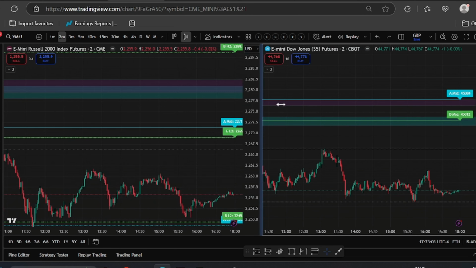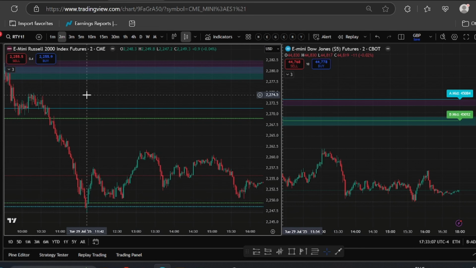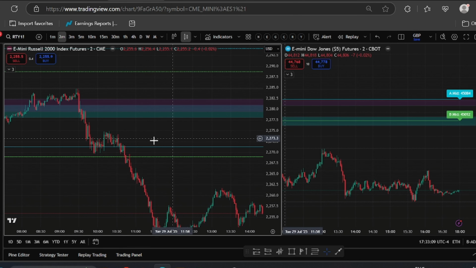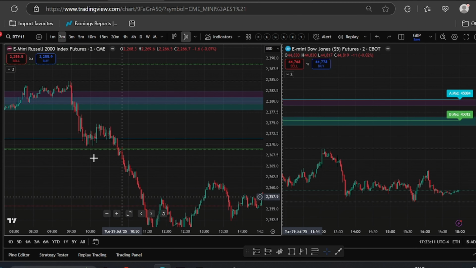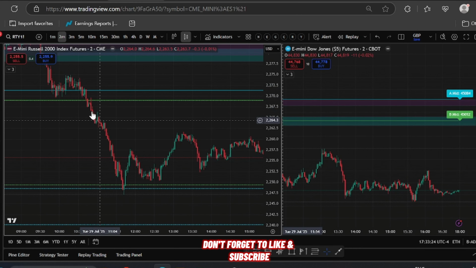Based on these levels and zones, let's look at some of the trade setups that you could have taken today. Starting with RTY, here it's 9 a.m. The purple zone is provided and these levels were available. Price just came down to this level and I don't see any setups here, but once it's broken, you can look for shorts.